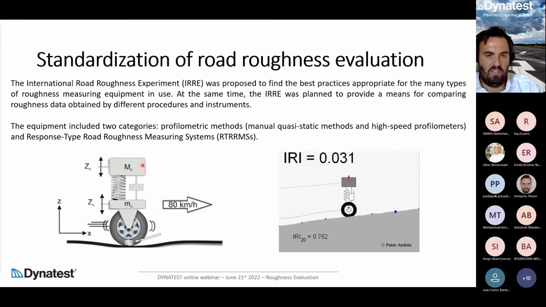There is a simulation of the car mass, a spring and bumper, and a mass that comes from the wheel. Of course, this model reflects all the elevation along the profile. So you can see here a video showing that IRI increases any time there is a variation in the pavement profile, both in positive and negative direction.